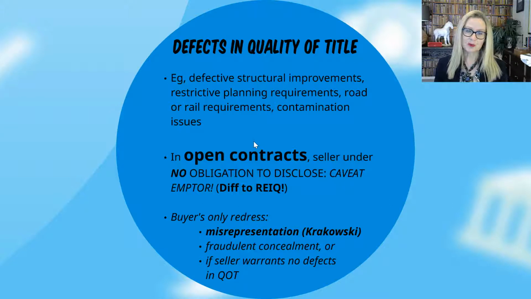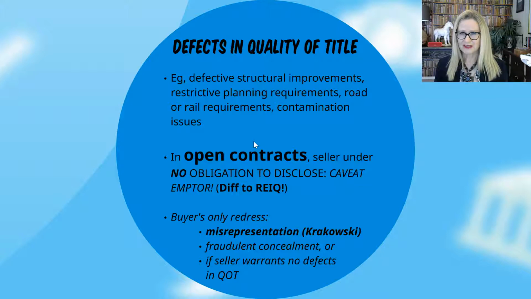In those situations where the buyer has still gone ahead and purchased the property and the seller has kept silent, their only redress at this point will be things like the usual suspects: misrepresentation, fraudulent concealment, and again, if the seller in the contract has actually warranted that there will be no defects in the quality of title.